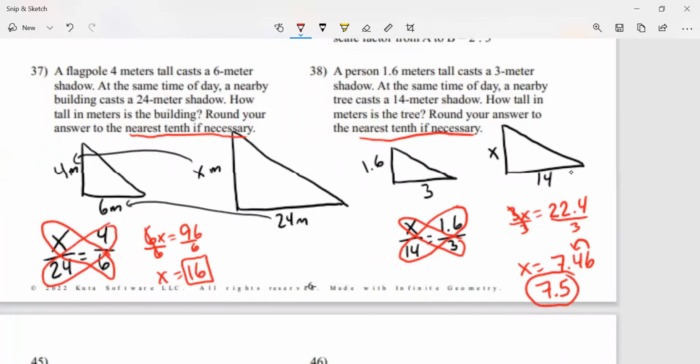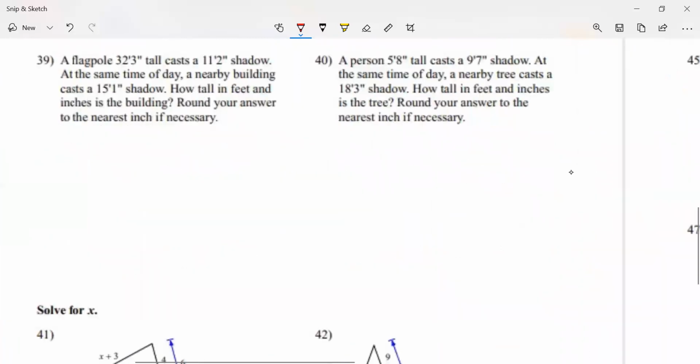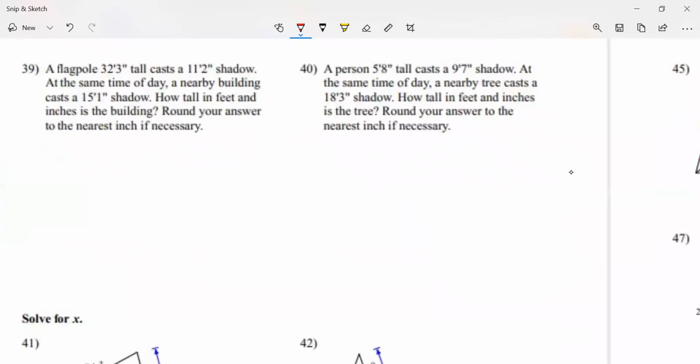But now here in the US, we don't use meters. We use inches and feet. So let me come over. Questions 39 and 40 are going to be the way we normally use this. So there's a flagpole that is 32 feet, 3 inches. Now, don't think that this is 32.3.